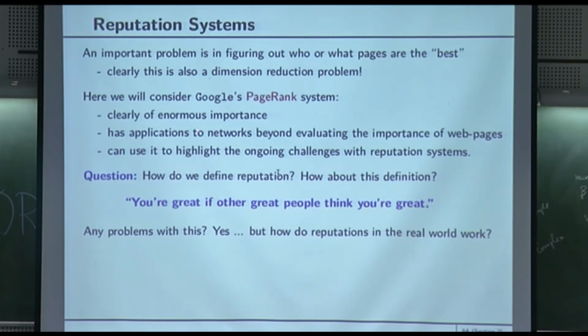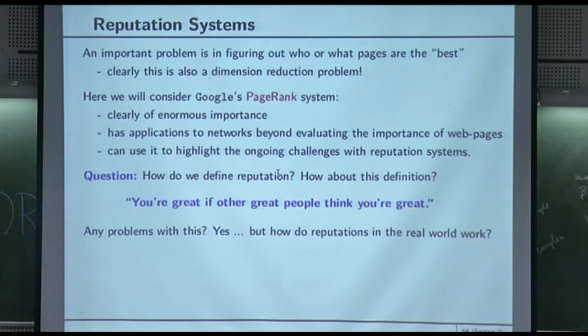So we'll consider Google's PageRank system. It's clearly of importance. It has applications to networks beyond evaluating the importance of web pages, and you can use it to highlight the ongoing challenges with reputation systems. So how do I define a reputation? Here's a big problem. Essentially what many of these reputation systems say is that you're great if other great people think that you're great.